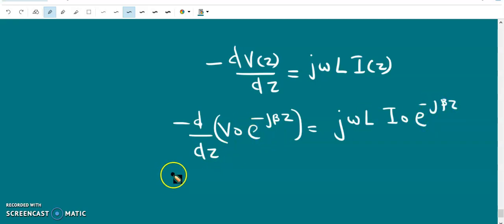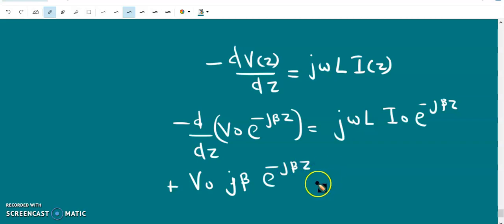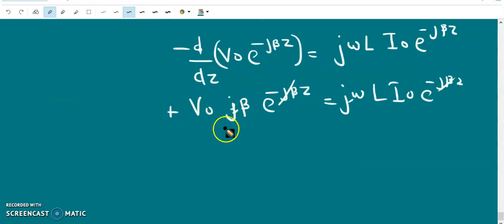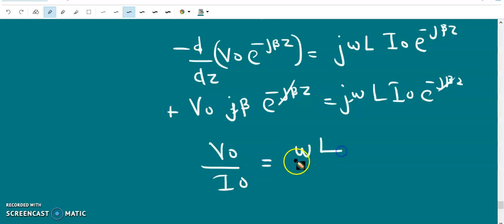The derivative gives j beta times V0 e to the power minus j beta z equal to j omega L I0 e to the power minus j beta z. J and e to the power minus j beta z cancel, and we have V0 by I0 is equal to omega L by beta.